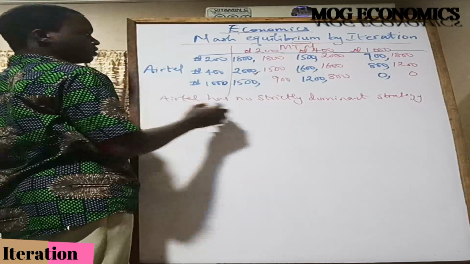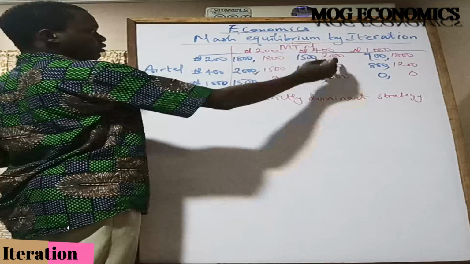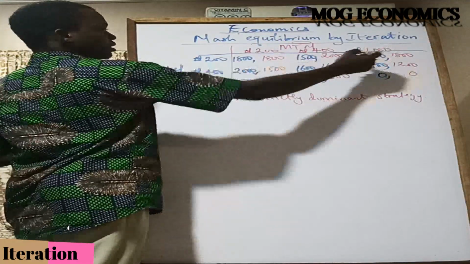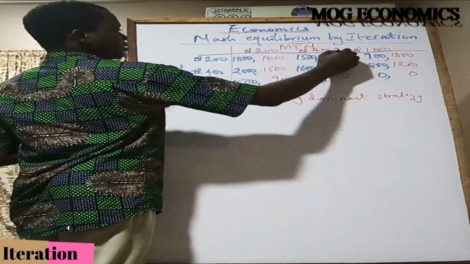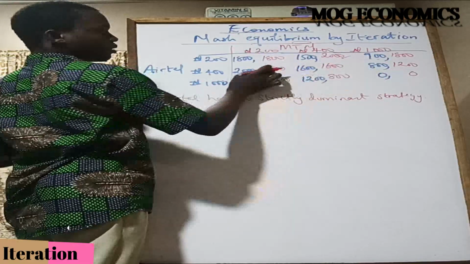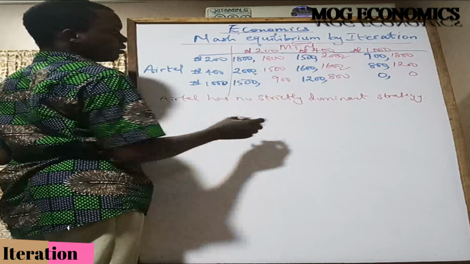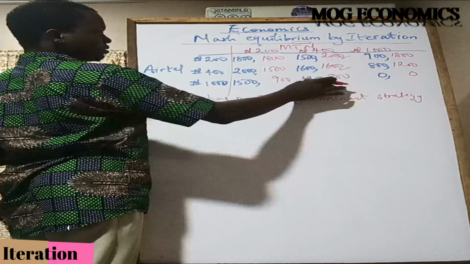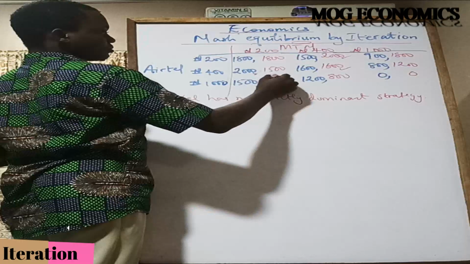How about MTN? MTN strategies are compared this way, this way, this way. Here, 2,000 is better than 1,800. 2,000 is better here. The 1,600 is better than 1,500, better than 1,002. So 1,600. 800 is not as good as 900, right?